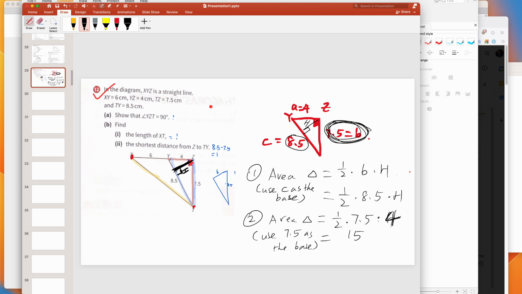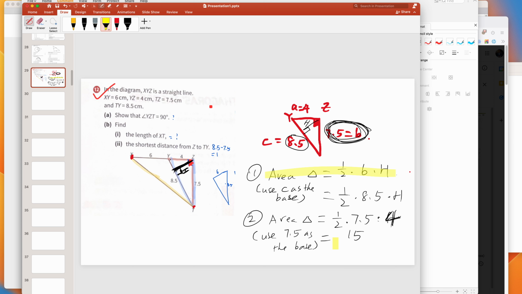Okay. So the first method is for you to find what? Did I find the height here? No. That means method 1 is not for you to find height.